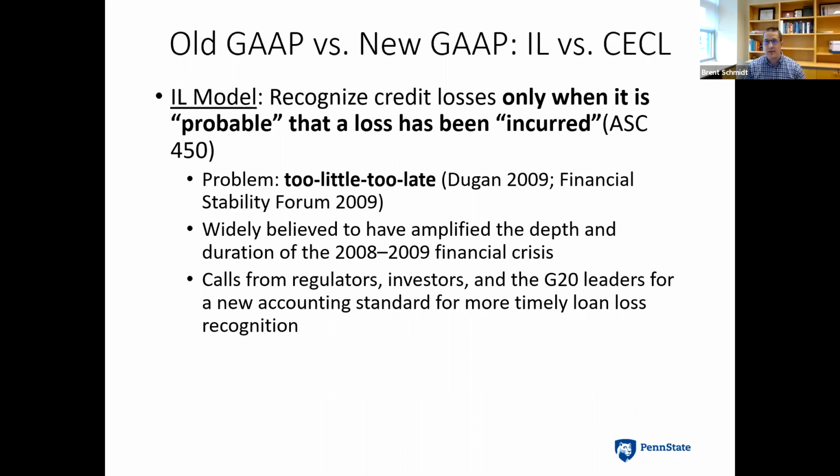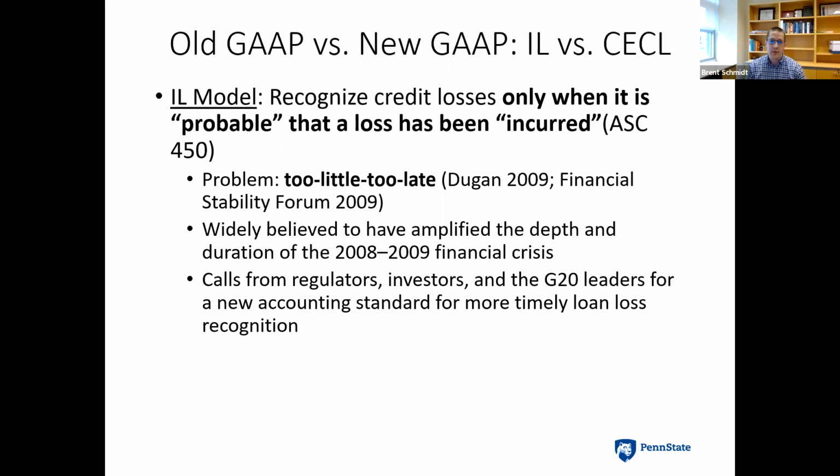The idea there was that even though banks may have foreseen additional credit losses coming down the road, the accounting standard restricted their ability to incorporate that forward-looking information in their provisioning. And so this problem was widely believed to have exacerbated the 2008 financial crisis.